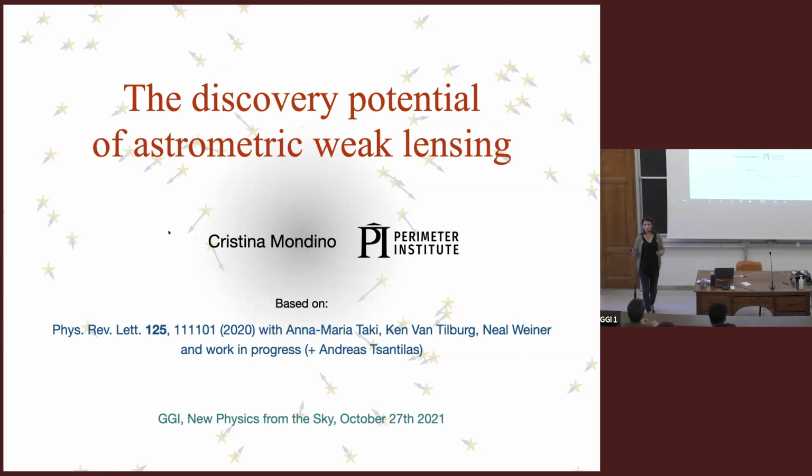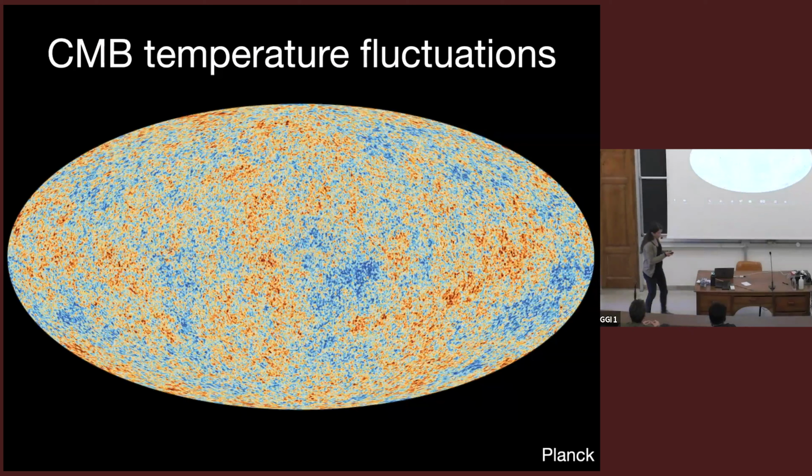Okay, so since our main goal is to probe dark matter substructures, let me start by reminding you where this dark matter structure comes from. And as you all know, our best model for describing the evolution and history of our universe is the standard cosmological model, or lambda CDM.